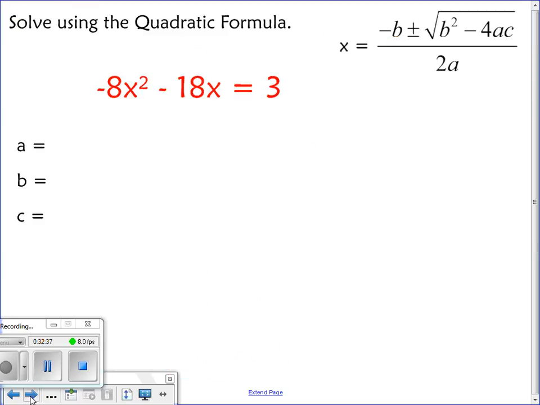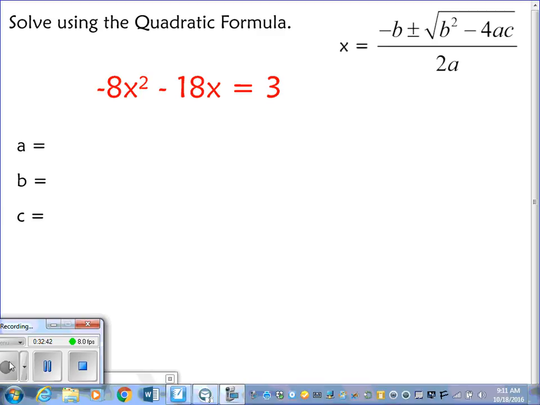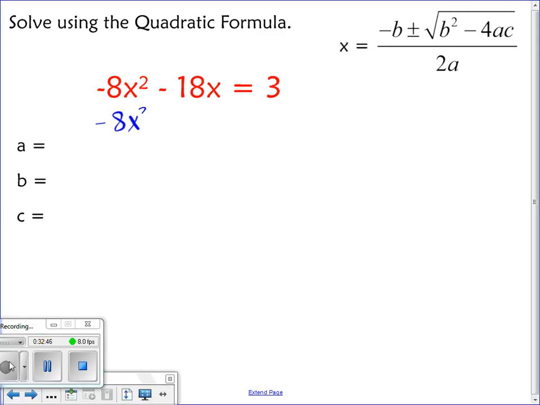Last problem for the day. Yep, you want to try it on your own? All right, on your own. Okay, so we have to set it equal to 0. So negative 8x squared minus 18x minus 3 equals 0. So A is negative 8, B is negative 18, C is negative 3.